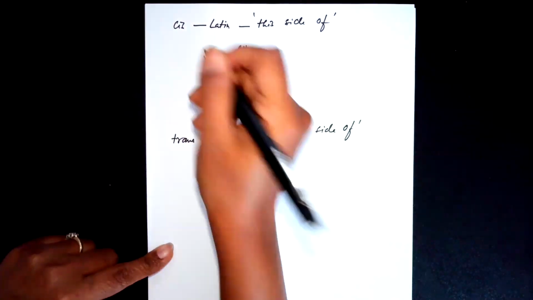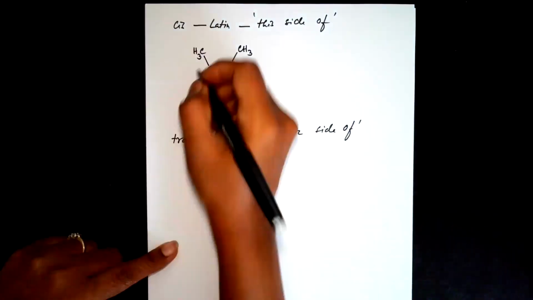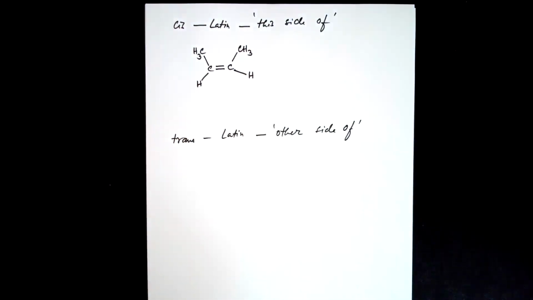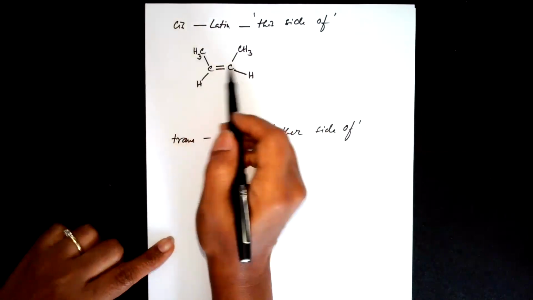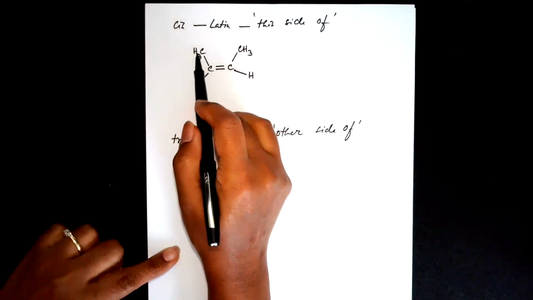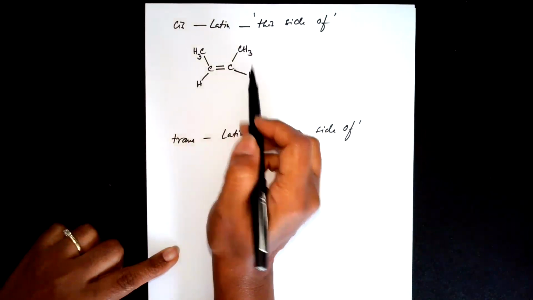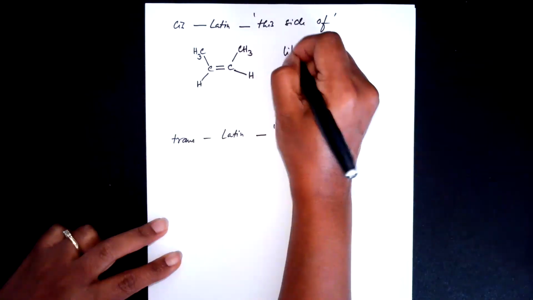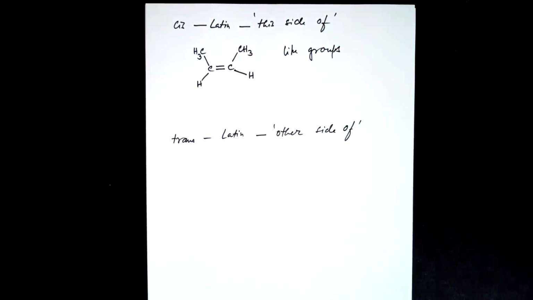For the other molecule, I could have another CH3 and H. So I should have a group of like atoms or cluster of atoms. What does that mean? I have both of these carbons having CH3 and H. The other one also has a CH3 and H. So these are like groups, so are those. So like groups is important. Groups of the same type is important.